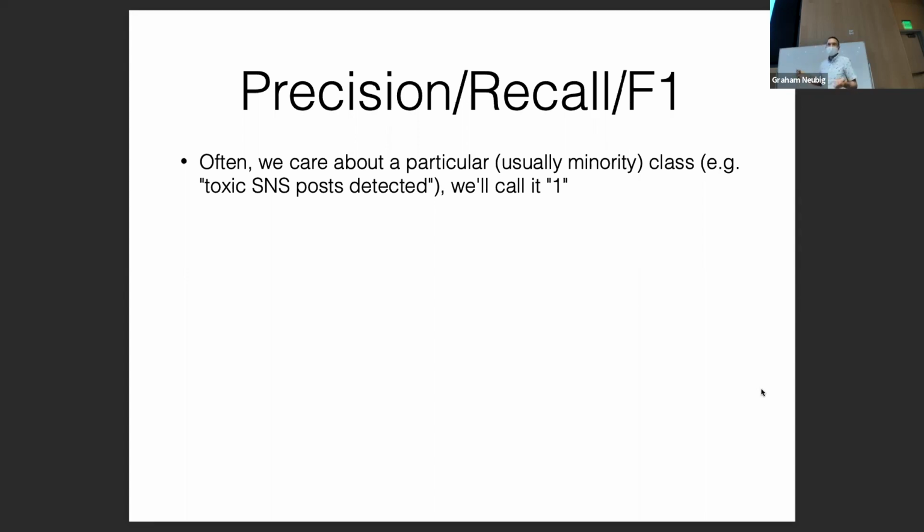Maybe I'm too optimistic, but let's say that's the case. If that's the case, then your accuracy by just saying everything is not toxic is going to be 0.9999, which seems really good until you realize that you're not detecting any toxic posts whatsoever. So using precision or recall or F1 measure is really important when the thing that you care about is very much in the minority.